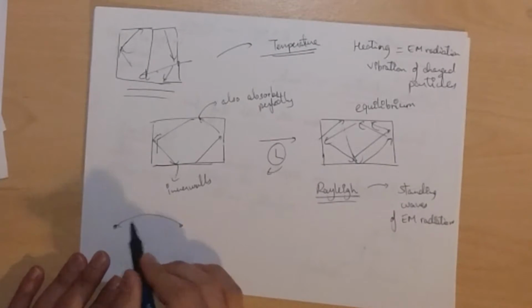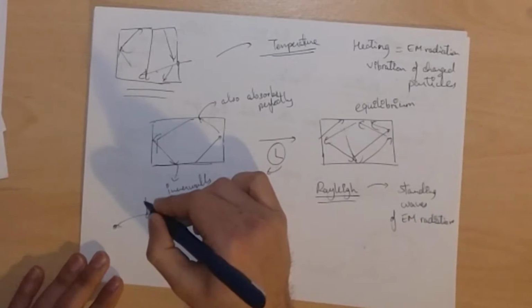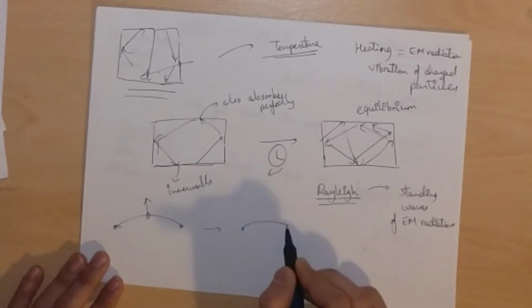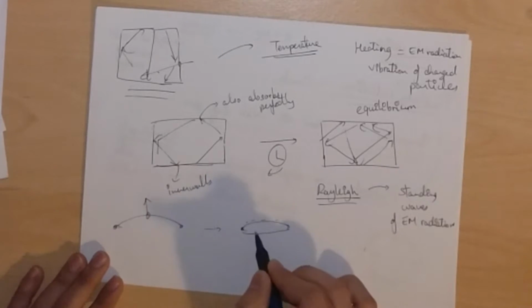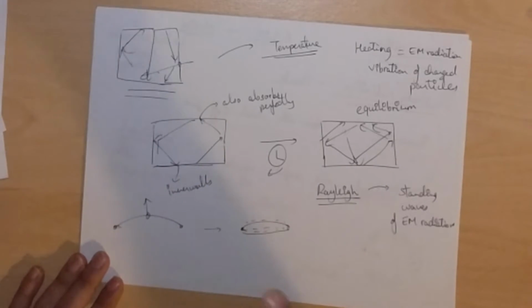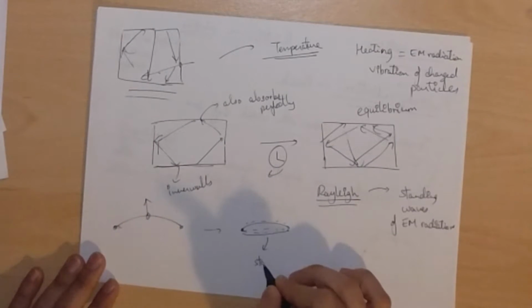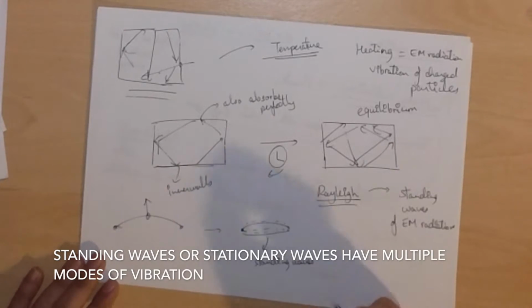Let's say this is a guitar string that is plucked, so those are your fingers. You pluck it upwards, and then it starts vibrating. It goes up and down. That is known as a standing wave. Something that's fixed on both sides and vibrates like that.